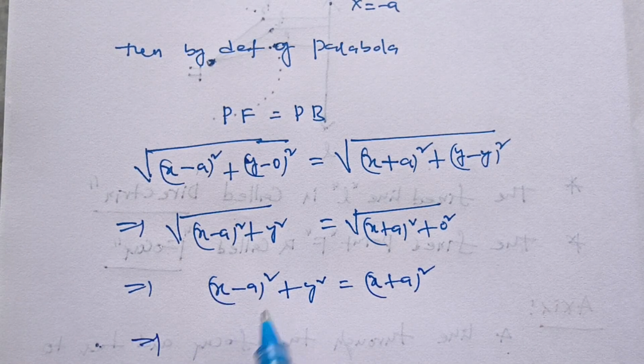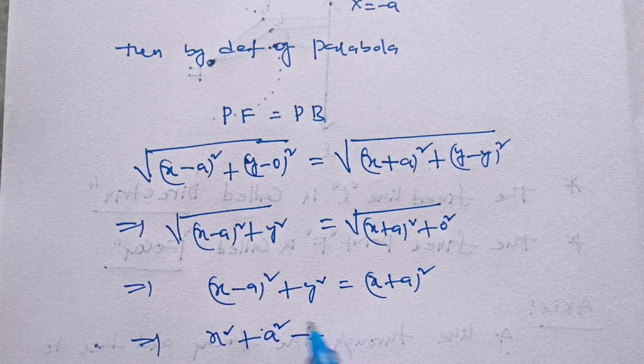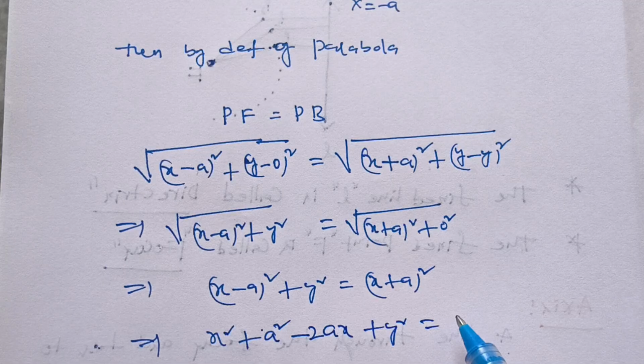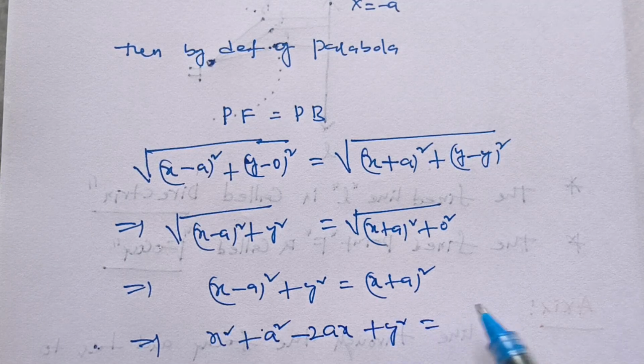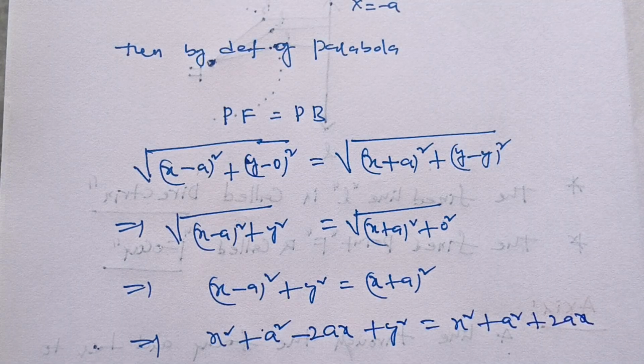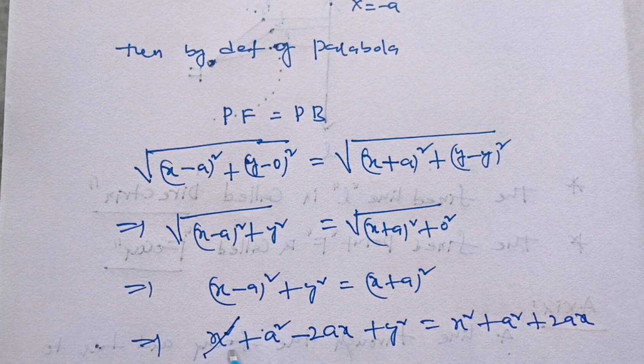Using the a minus b whole square formula, a square minus 2ax plus x square plus y square is equal to, using the a plus b whole square formula, a square plus x square plus 2ax. Here x square and x square both cancel.